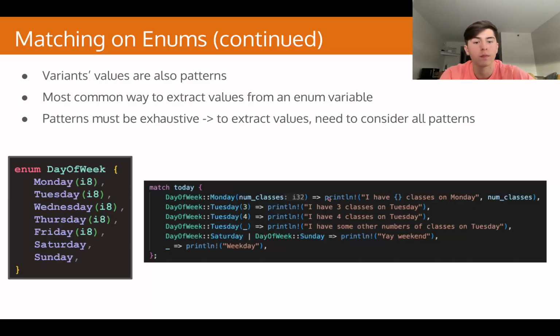And here, in the match statement's return value, you can use that variable that you wrote right here. Or you can match based on the number of classes, like here. If the Tuesday that you've matched with has a value of 3, it will print this line. If it has 4, it will print this line, and this wildcard again will cover every other possible case.